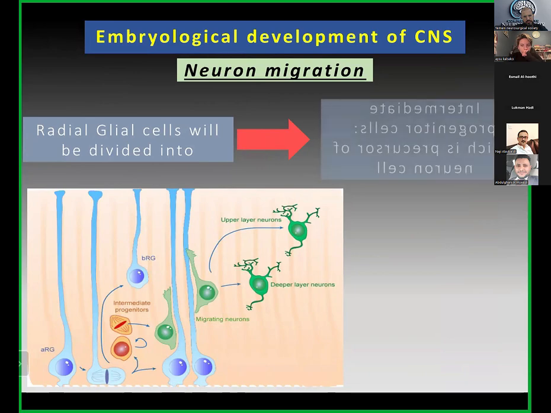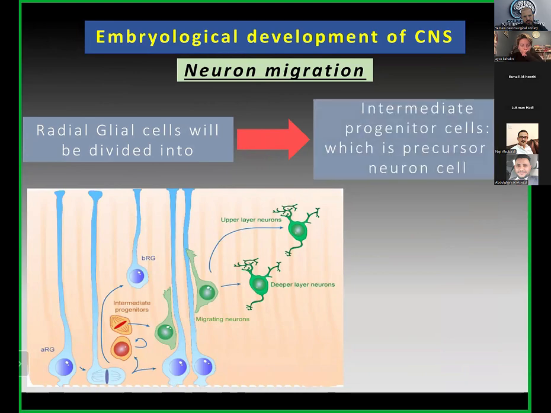This neuron progenitor or intermediate progenitor, as we see in this diagram, is called bipolar cells, bipolar neural cells. These bipolar neural cells move along the process of the radial glial cells, which we will see here, and migrate along the process of the radial glial cells from down to the outside, in the direction of the basement membrane.